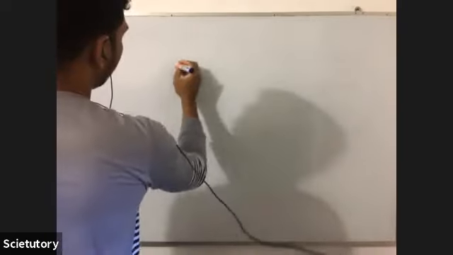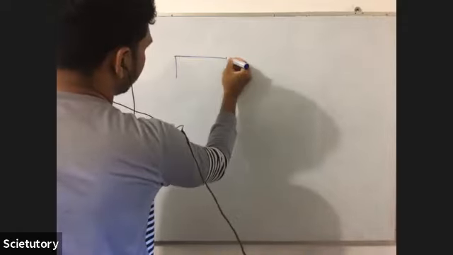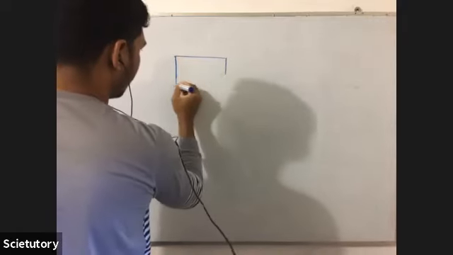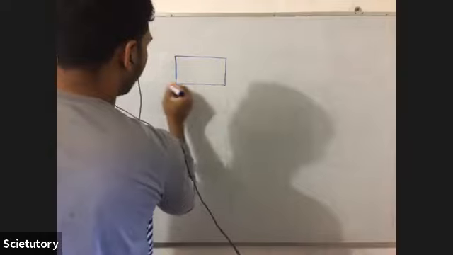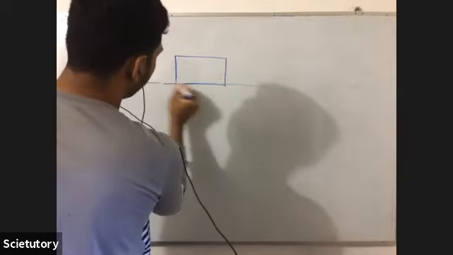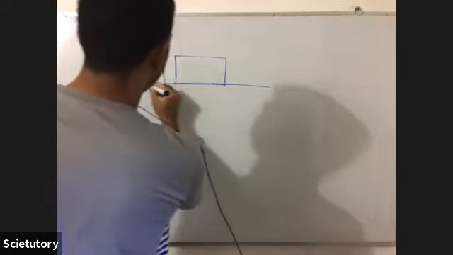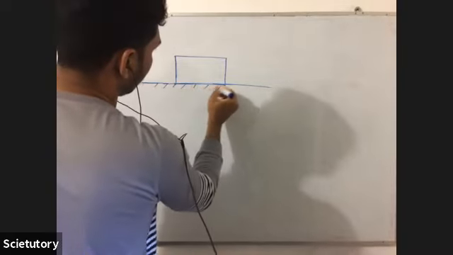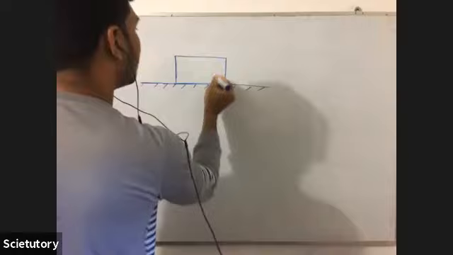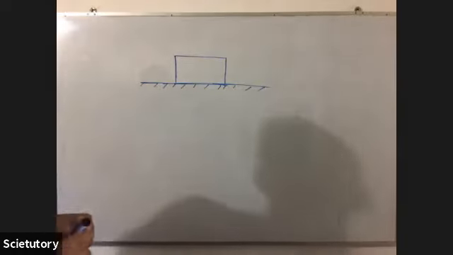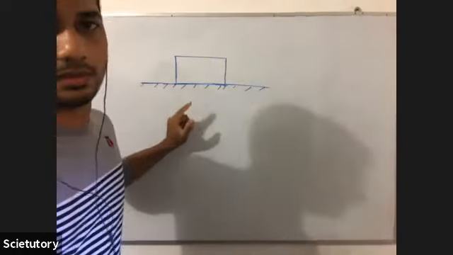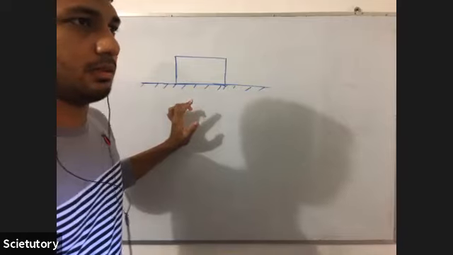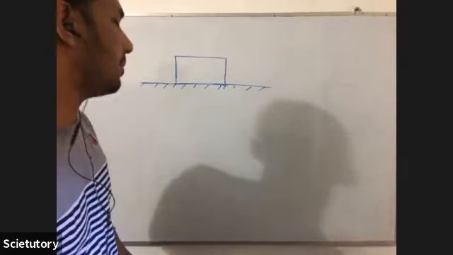If someone says that the surface is rough, this box is placed on a rough surface. So what is meant by being rough?